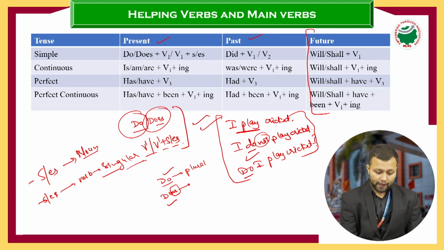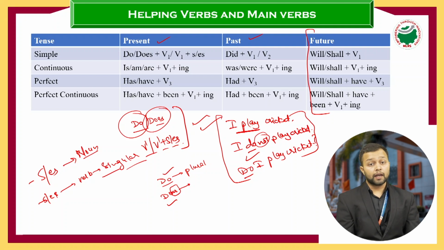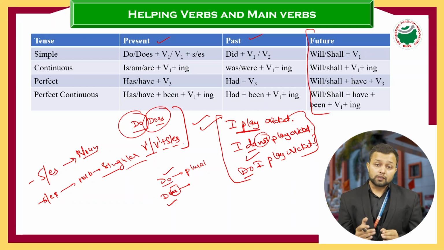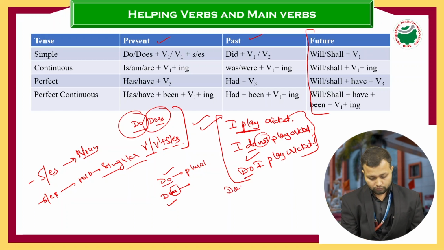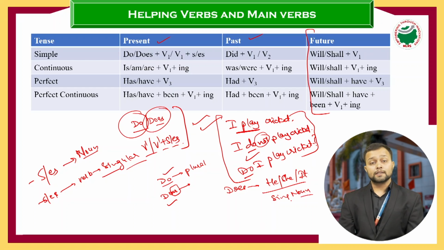That means if you find s or es in any helping verb, that helping verb is the singular form of verb. Singular helping verb will be used with singular subject. This does will be used with he, she, it, or any singular noun, singular subject. With all other subjects we will be using do.